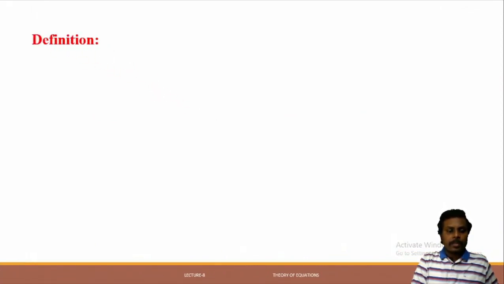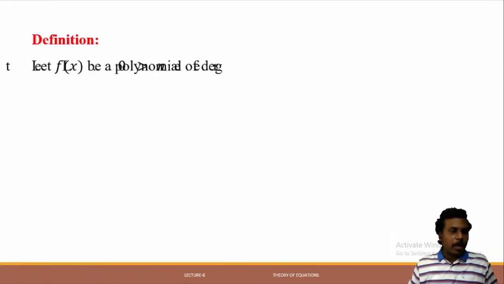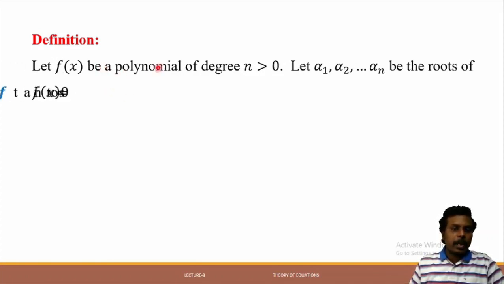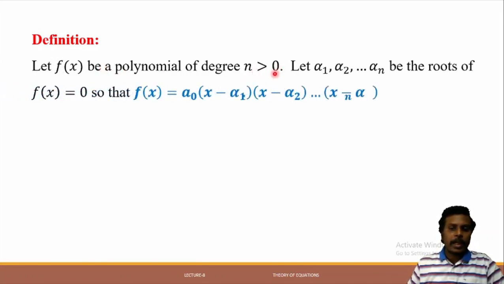Here is the definition. Let f of x be a polynomial of degree n greater than 0, and let alpha 1, alpha 2 and so on up to alpha n be the roots of the polynomial equation f of x is equal to 0. Then we know this f of x can be expressed as the product of the factors a naught into x minus alpha 1 into x minus alpha 2 and so on up to x minus alpha n, where a naught is the leading coefficient.